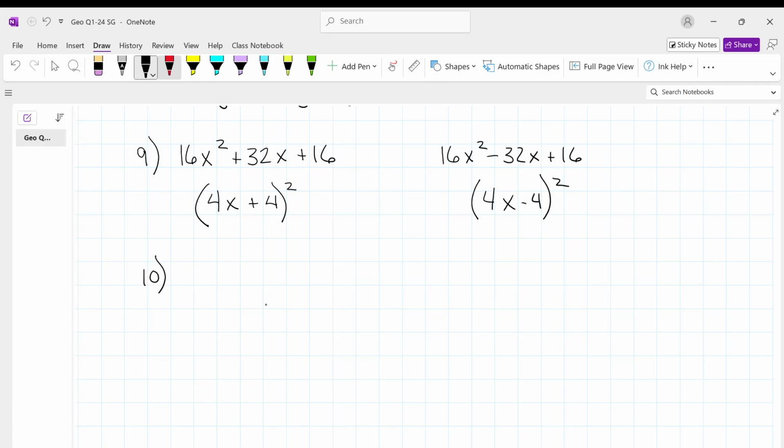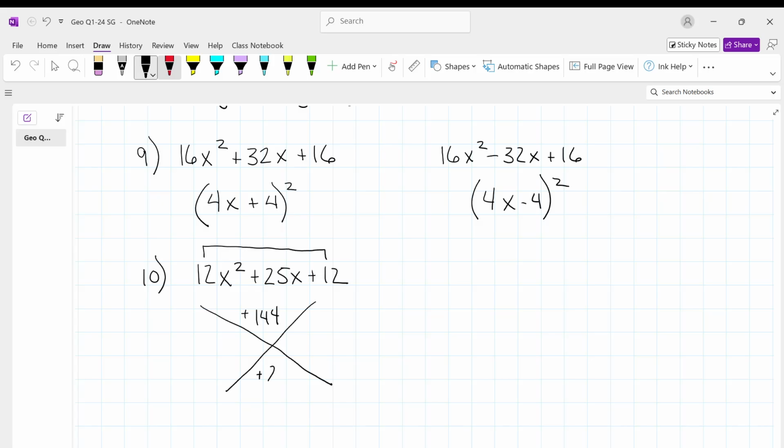All right, finally, number 10: 12x squared plus 25x plus 12. We take a times c, and it goes in the top. Our b value goes in the bottom.